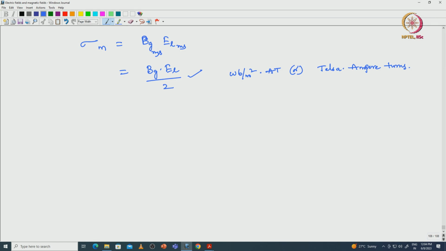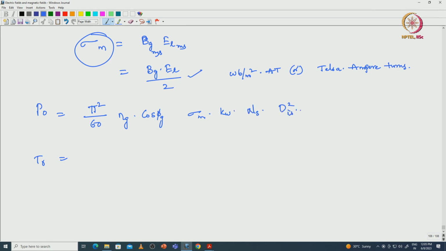Now we will represent the power equation and torque equation in terms of magnetic shear stress. The output power equation will come in this way if we replace the magnetic shear stress in the output equation: efficiency, cos phi g, only I am replacing the Bg and EL terms with 2 sigma m, shear stress, into winding factor, synchronous speed Ns, into d square Le, that is the volume product.